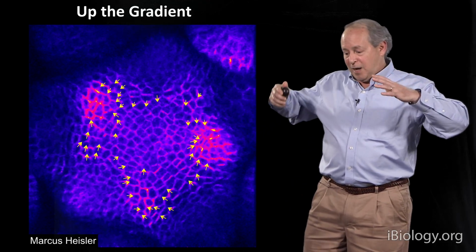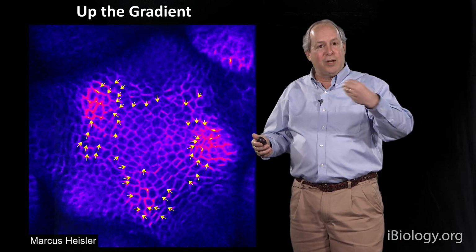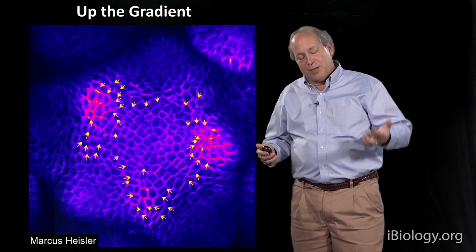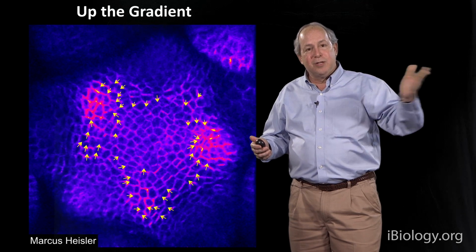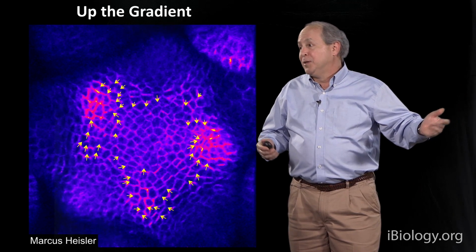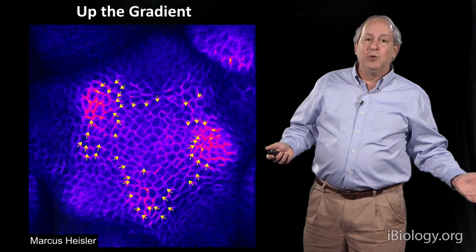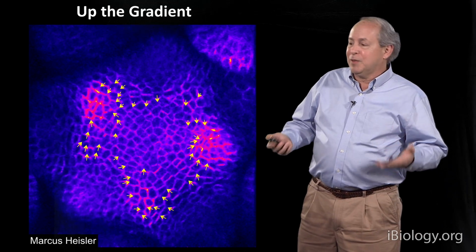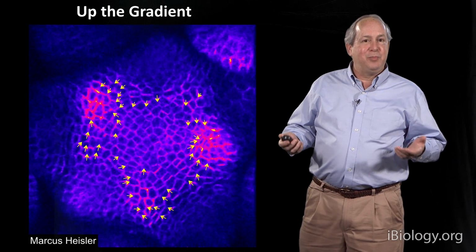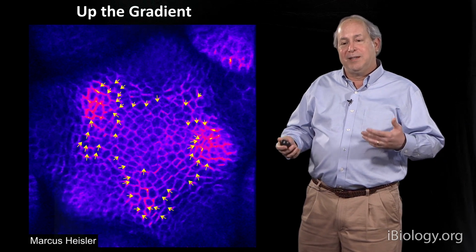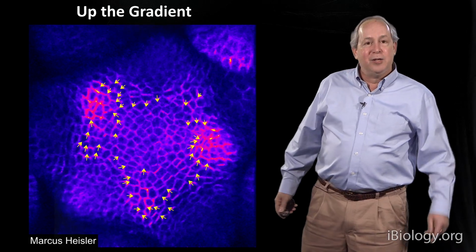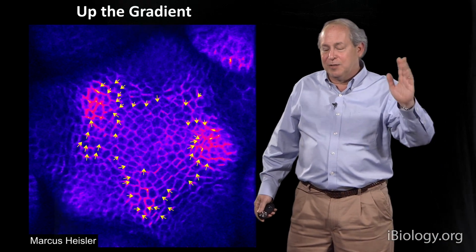So any cell that has a high concentration of auxin attracts more auxin from its neighbors, and a cell with a low concentration of auxin sends its auxin to its higher auxin neighbors. This is opposite the direction that diffusion would go, and the energy for this is provided by the ATP that creates the pH difference through the proton ATPases in the plasma membrane, so that auxin can move against the diffusion gradient.